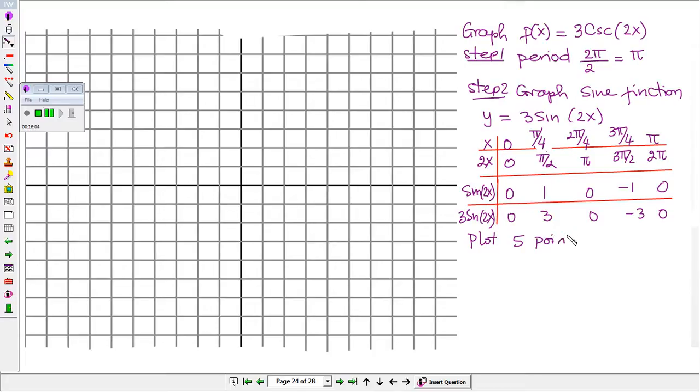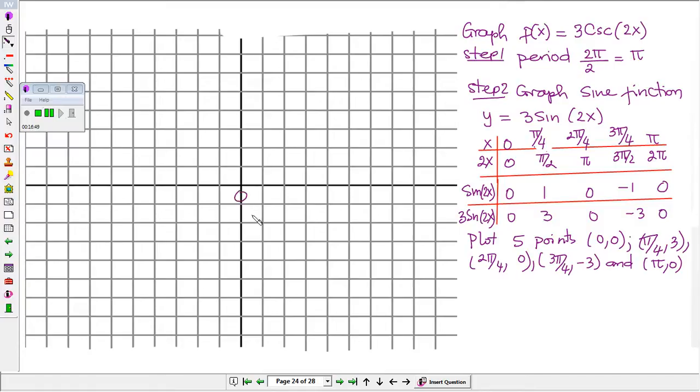So the points will be 0, 0; pi over 4, 3; 2 pi over 4, which is the same thing as pi over 2, 0; 3 pi over 4, negative 3; and the fifth point will be pi comma 0. So this will be the graph of the sine function, and then we connect with the dash curve.